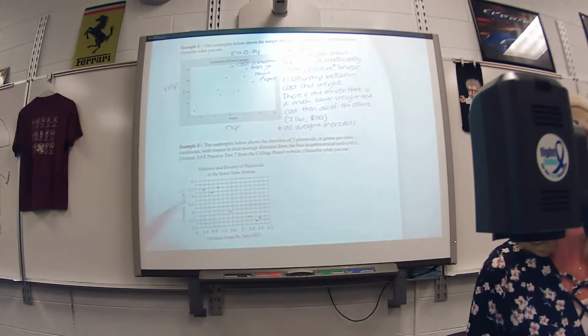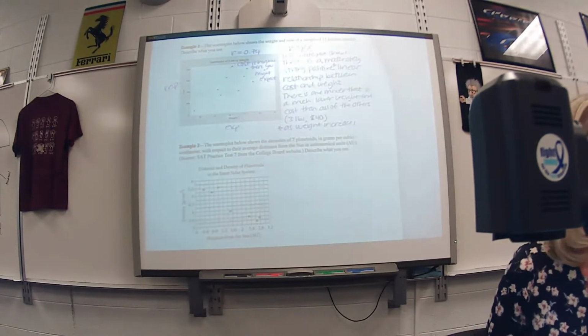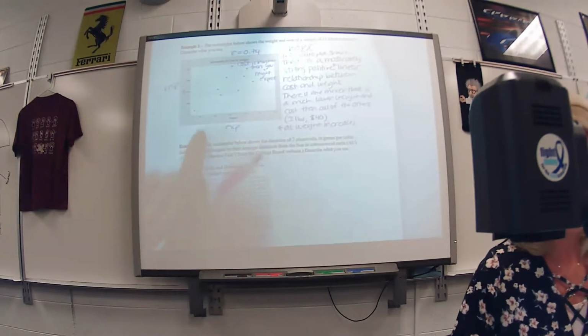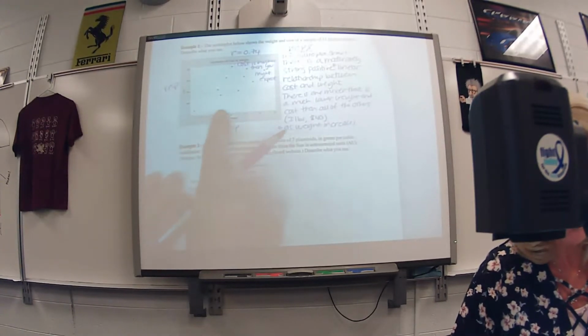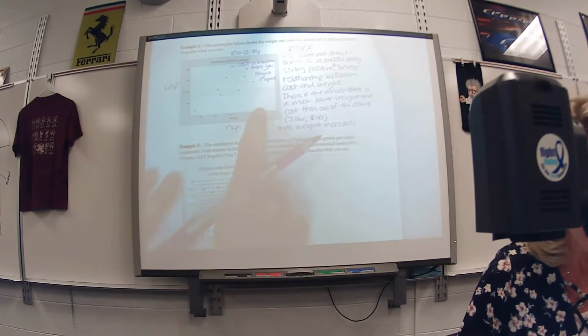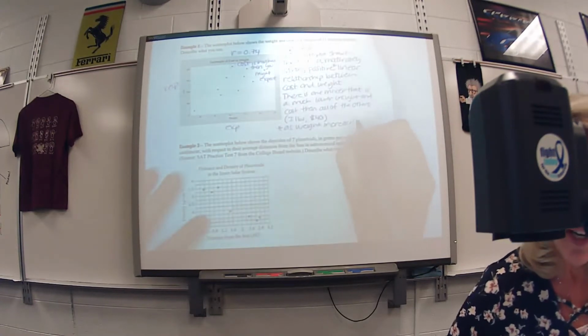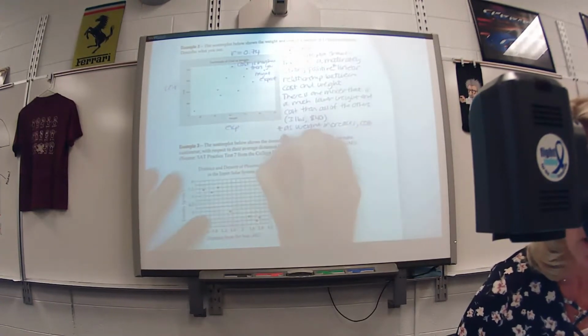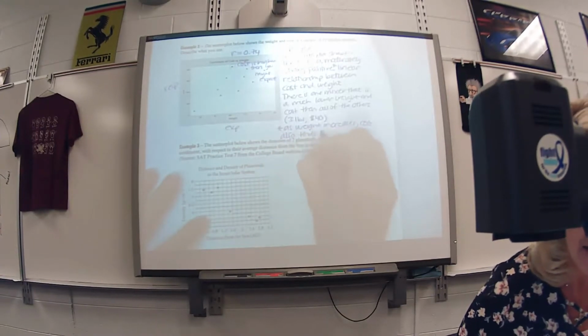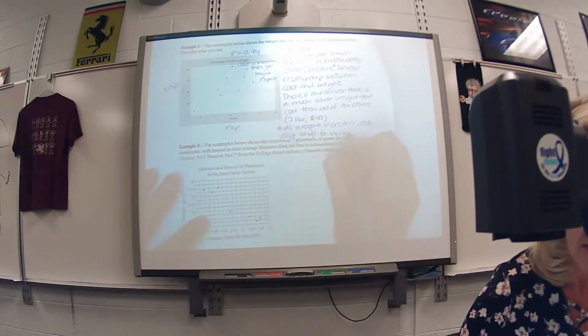How does the cost respond as weight increases? In general, as weight increases, what happens to cost? As weight increases, cost also tends to increase.